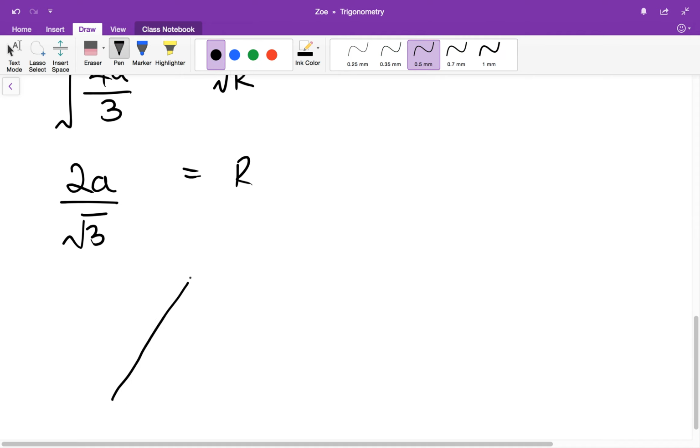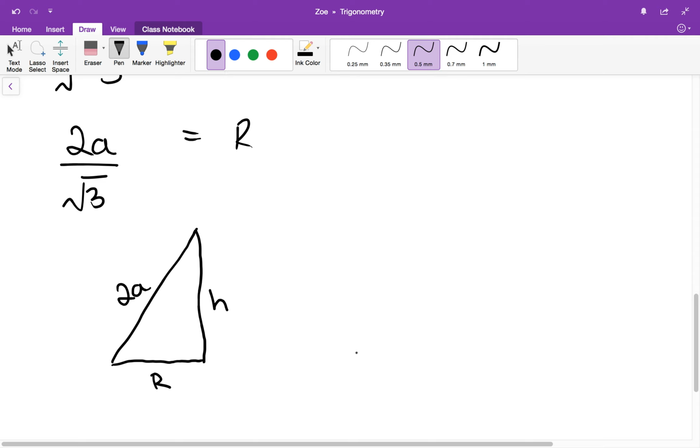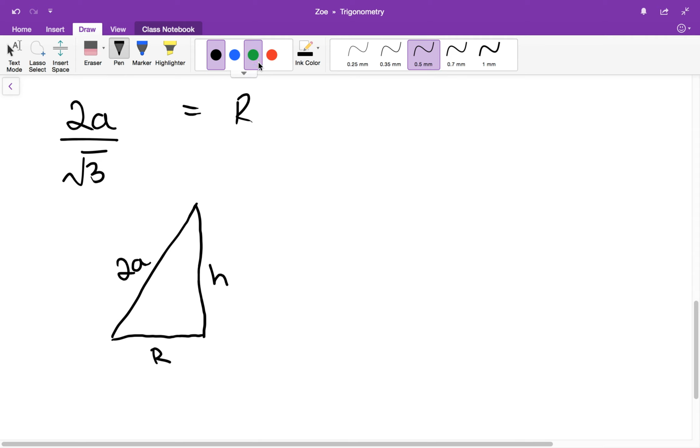So it went up this way, it dropped straight down, and then across. So this is r, this is h, and this is 2a. And I can now write r as 2a over the square root of 3. I just found that out.